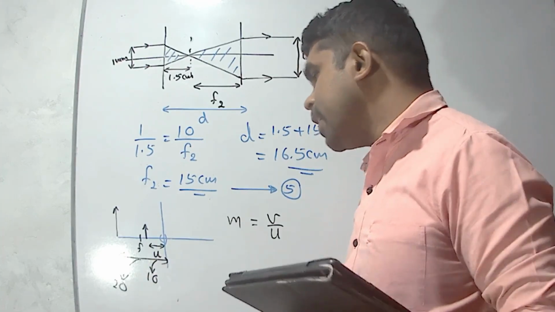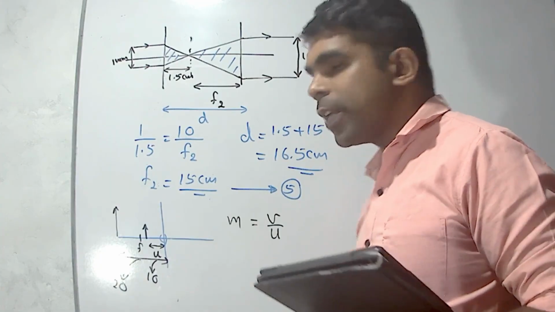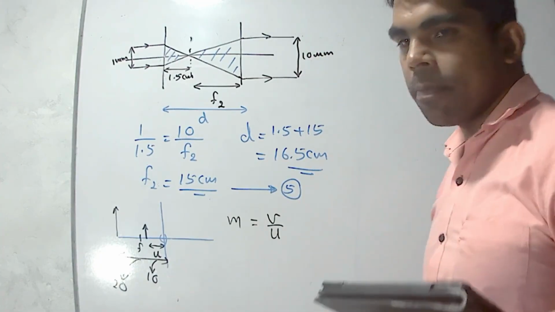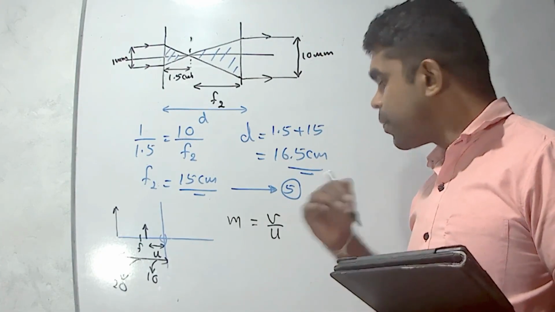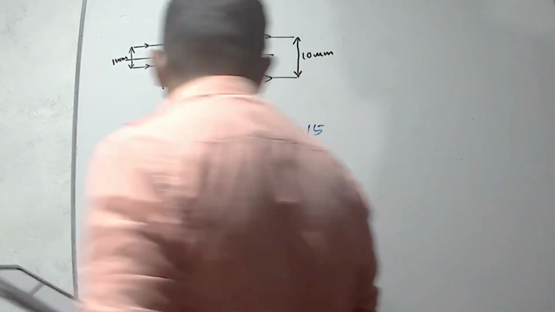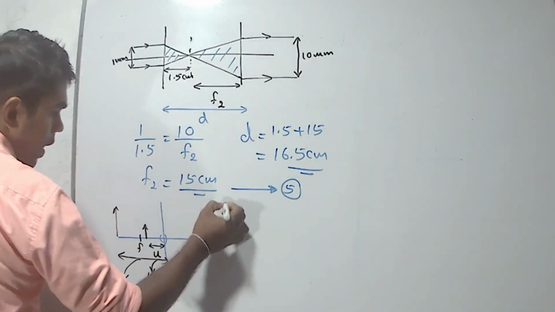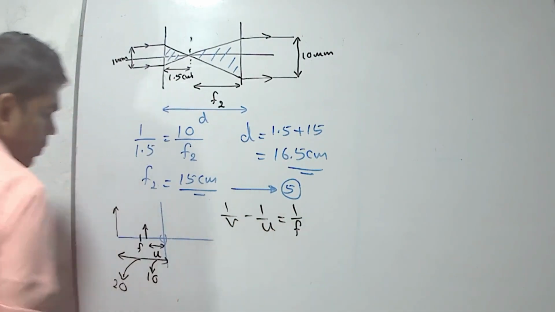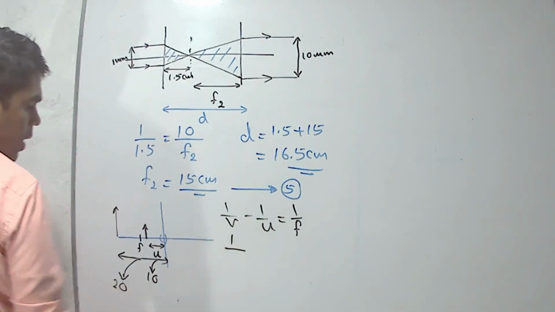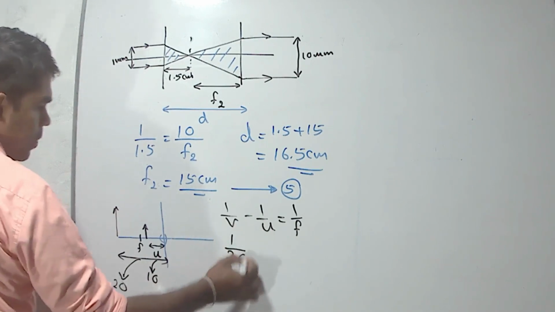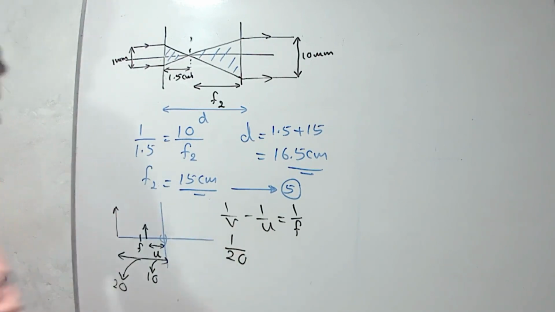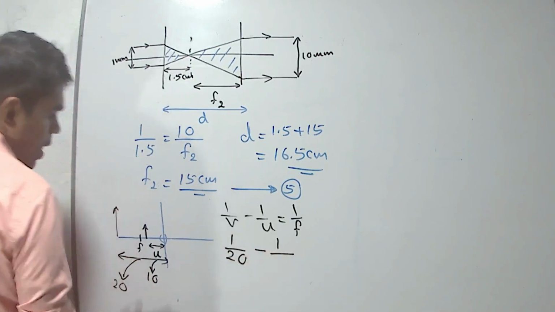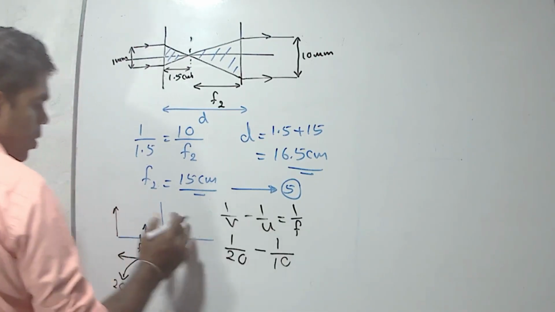Now we know the object distance and image distance. Therefore, we can find the focal length by using the lens formula. Then I will use 1 over v minus 1 over u equals 1 over f. 1 over image distance, 20, is a plus value, minus object distance, 10, also a plus value.